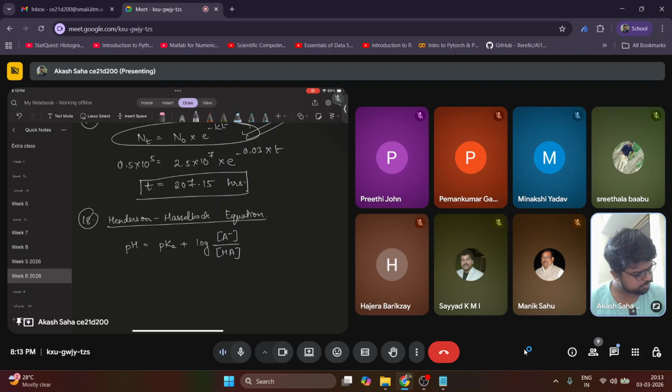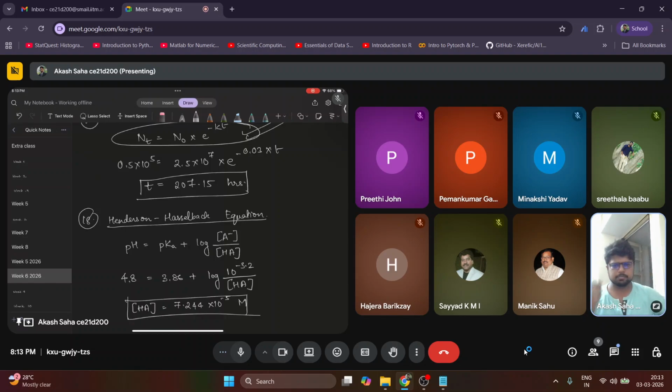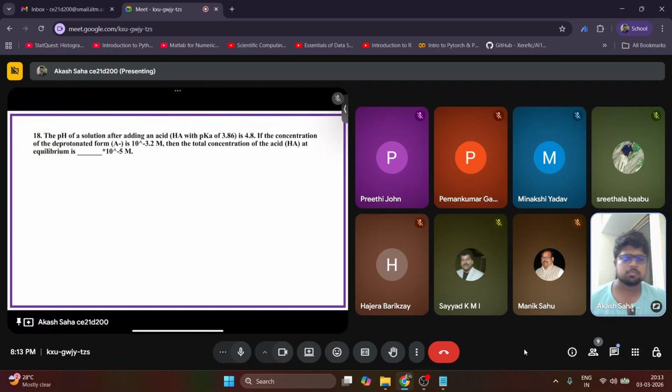So pH is given, pK is also given, everything is given. pH 4.8 is equal to 3.86 plus log of A minus concentration, 10 raised to power minus 3.2, divided by the HA concentration. If you solve this, the HA concentration will be 7.244 into 10 to the power minus 5 molar.